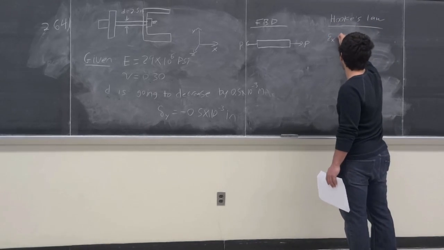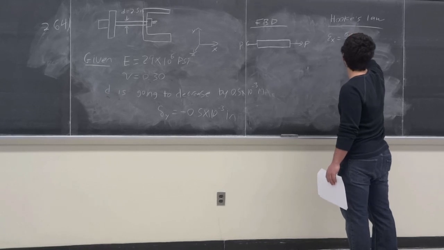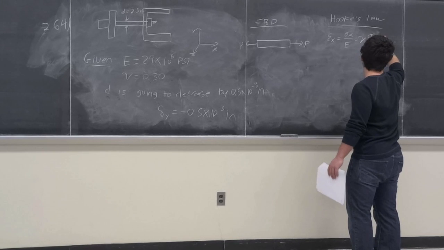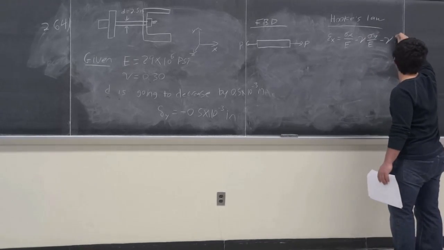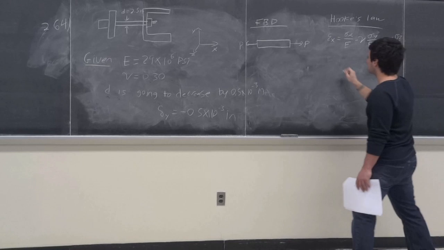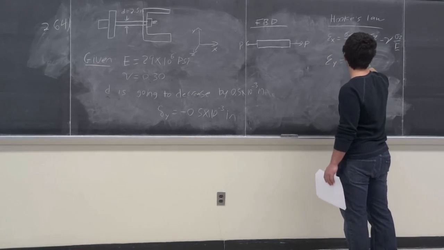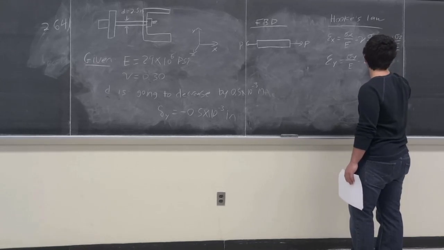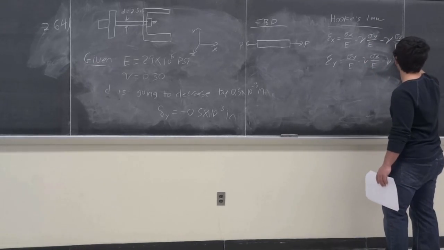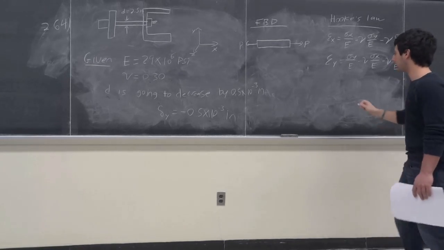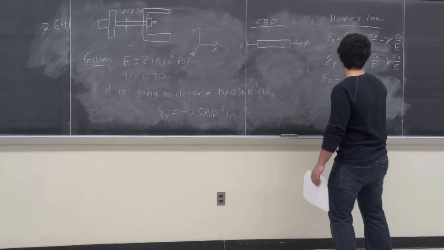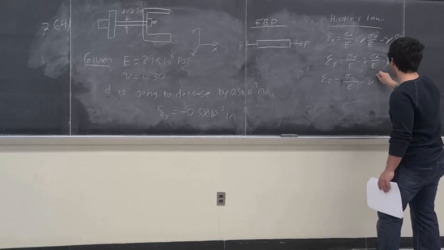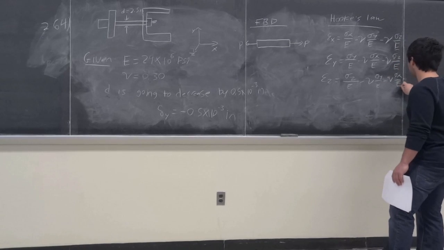You have epsilon x is equal to sigma x over E minus the Poisson ratio sigma y over E, minus the Poisson ratio sigma z over E. Epsilon y is equal to sigma y over E minus the Poisson ratio of sigma x over E minus the Poisson ratio of sigma z over E. And then epsilon z is equal to sigma z over E minus the Poisson ratio of sigma y over E. You guys follow?